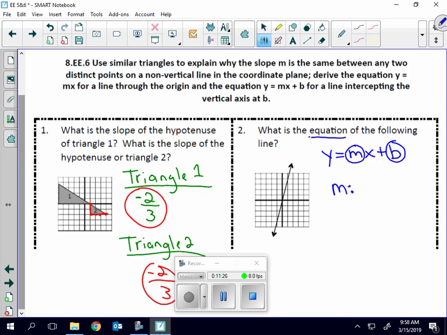All right, how about this one maybe, and well, this one's pretty easy. To get from one to the other, I always go from left to right. I'm going to go up 1, 2, 3, 4, and right 1. So it's a positive 4 this time over 1. Rise over run.